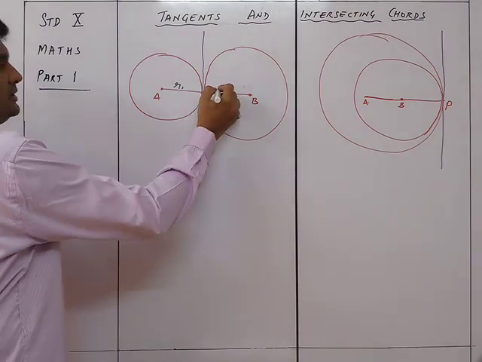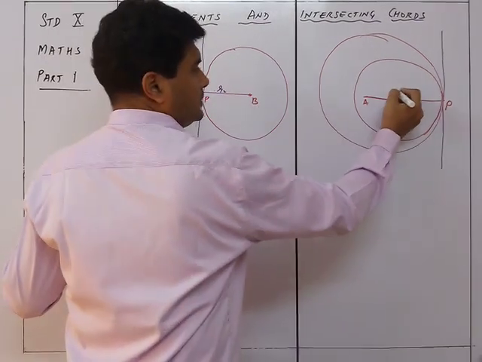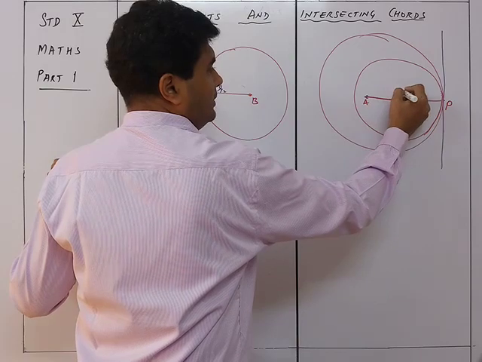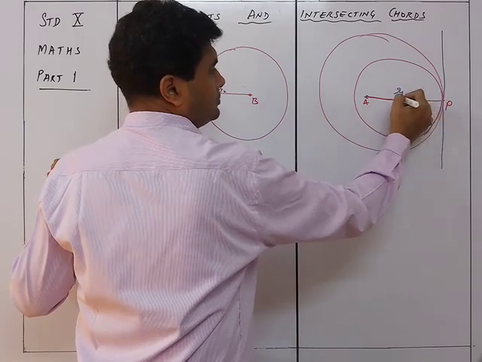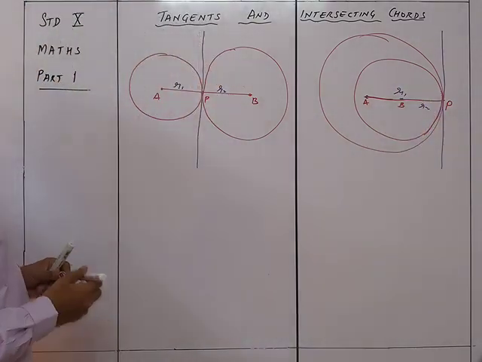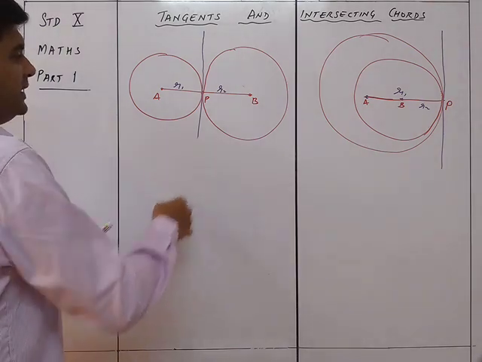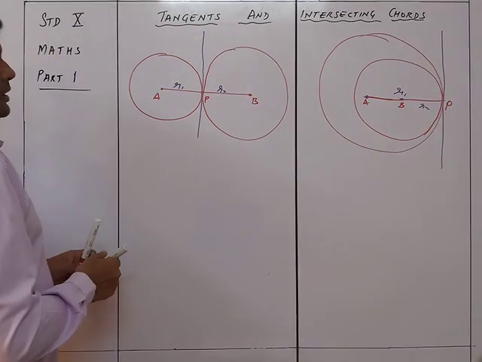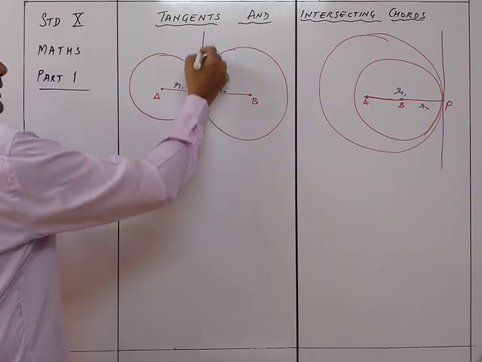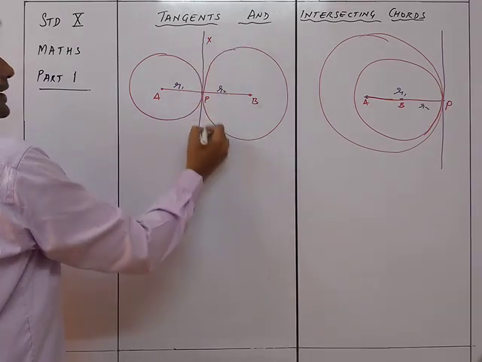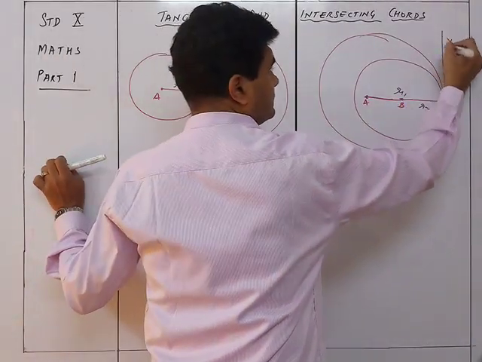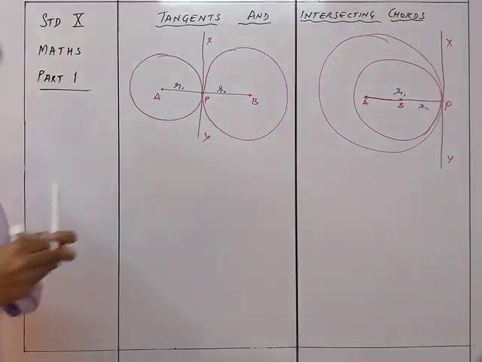This is R1, this is R2. The AB is R1 and this is R2. So you can see here that this is, let's say, XY. Okay. So one sec.